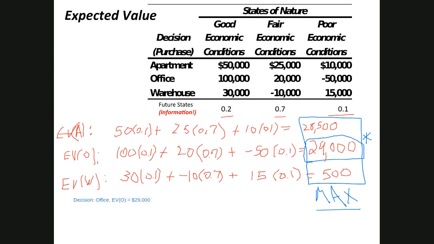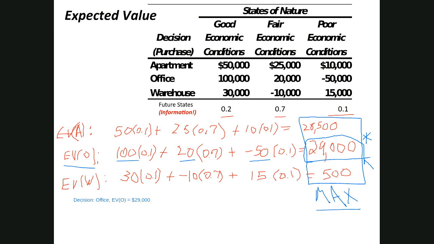All right. A couple of points that I want to make. What I want you to notice is, first of all, if you invested in the office, you would never return exactly $29,000. You're either going to return 100,000 or 20,000, or you're going to lose 50,000.